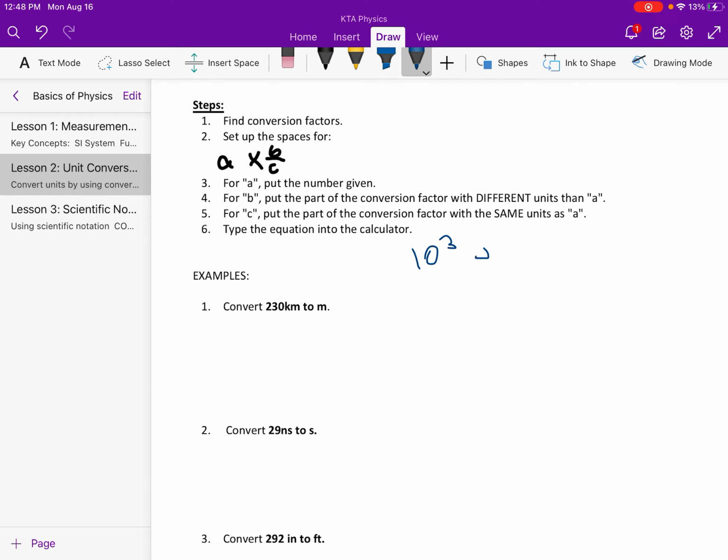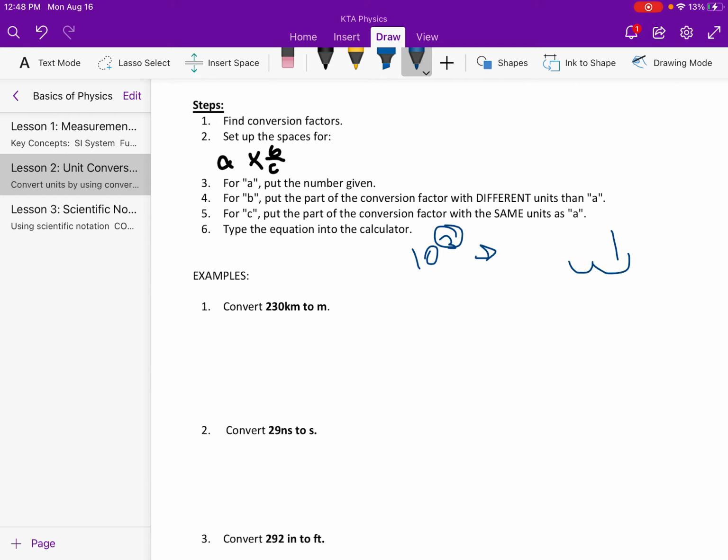10 to the third means 3, so you move the decimal place that many places. We start with 1 meter, which is the base unit, and since it's a positive exponent, kilo is a greater value, but it would end up with a smaller number because of how the units relate.